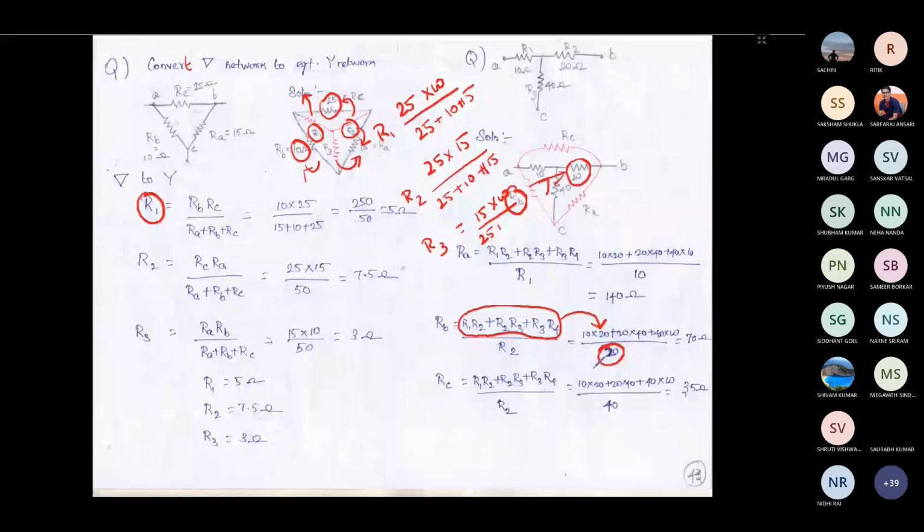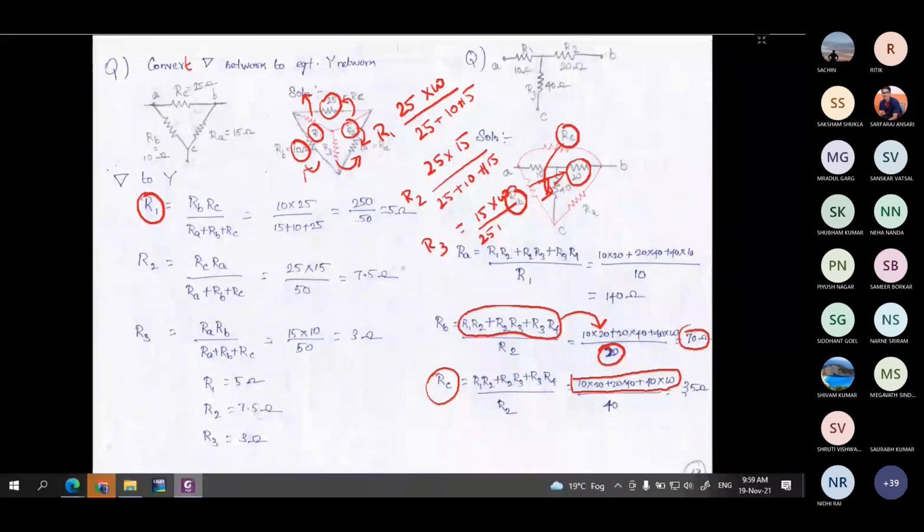Similarly for RC, we get this combination based on the previous step. For the numerator, again it is multiplication and addition. The opposite resistance to RC is 40 ohm. From this, we get the resistance value as 35 ohm. So this is a very simple example where we have done star to delta conversion.